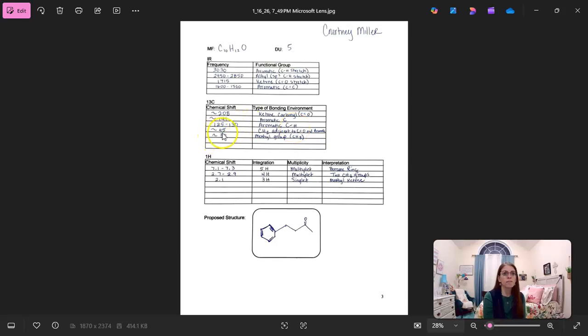At 45 ppm, there is a CH2 carbon alpha to the carbonyl. At around 30 ppm, there are signals for a benzylic CH2 and a terminal methyl CH3. These carbon environments support a phenyl substituted ketone, as you can see here.